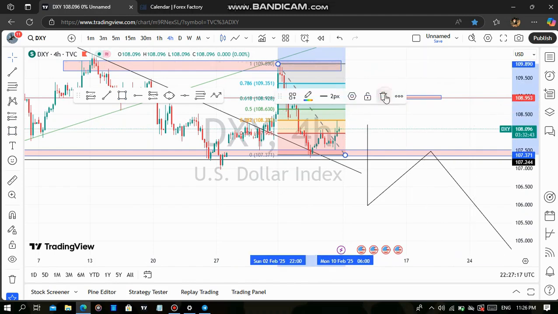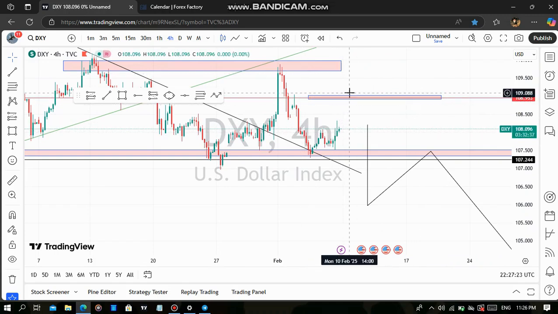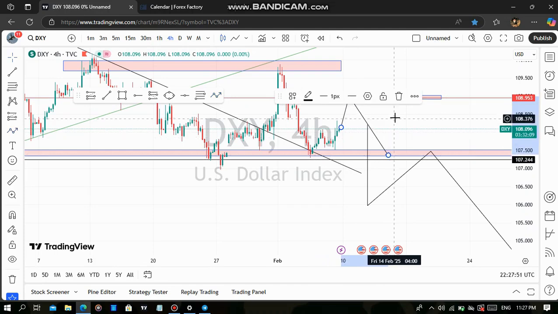I will delete it. So this particular zone, if for any reason price pulls back to this zone and there is a clear price rejection here, I can take a short trade down to this resistance level. Something like this. If price continues moving and touches this Fibonacci point with a clear candle rejection here, I'll take my trade down to this support level.